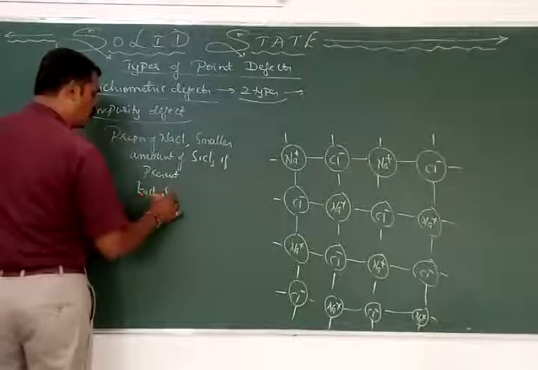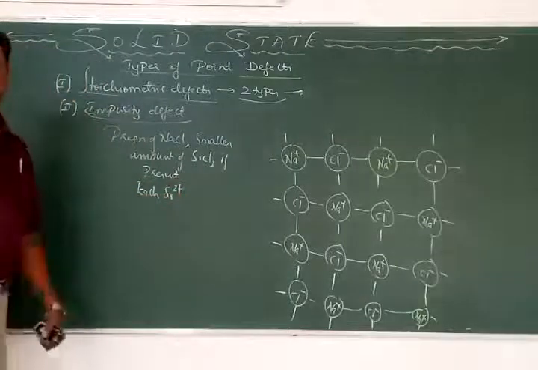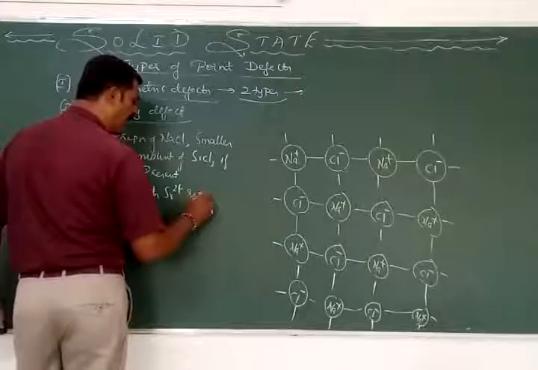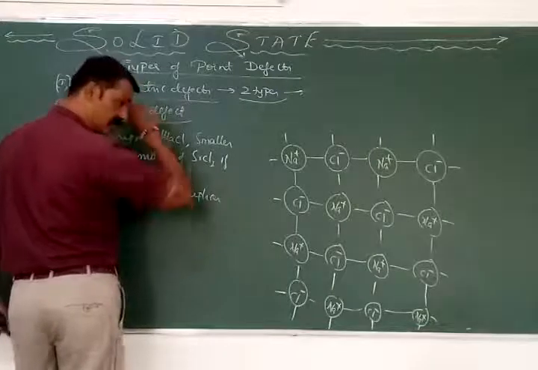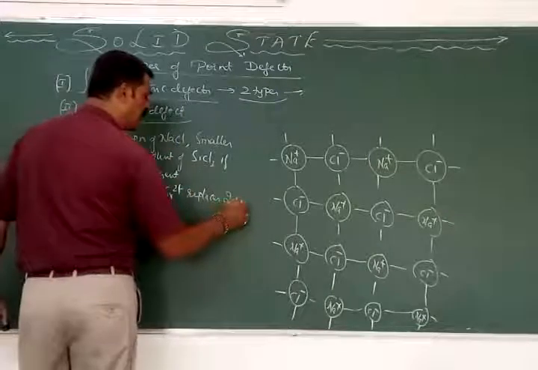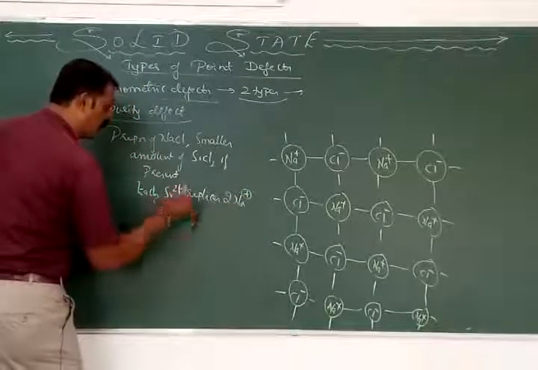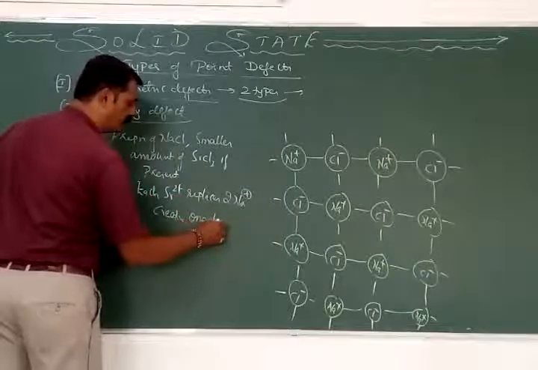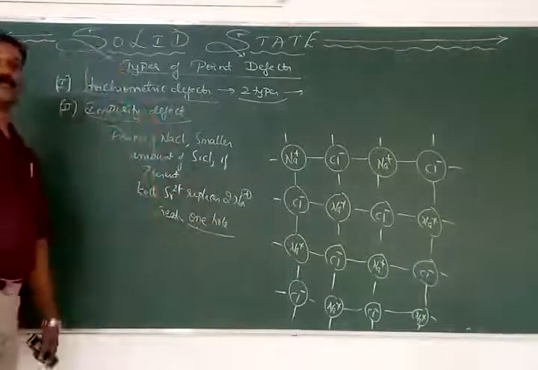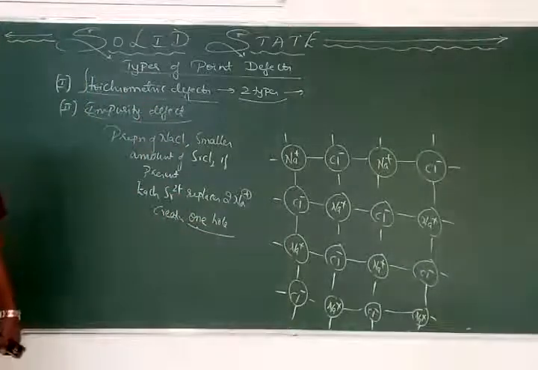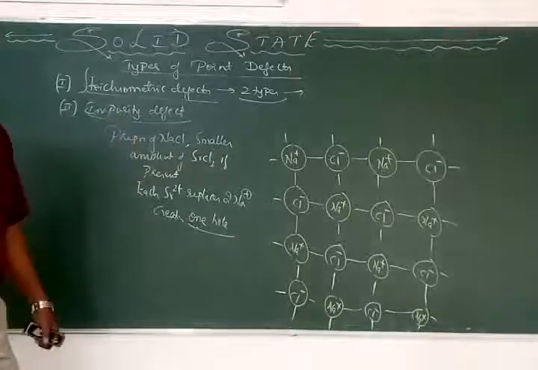Each Sr2 plus, because it is bivalent, replaces 2 Na plus ions, creating one hole. That makes the crystal imperfect.